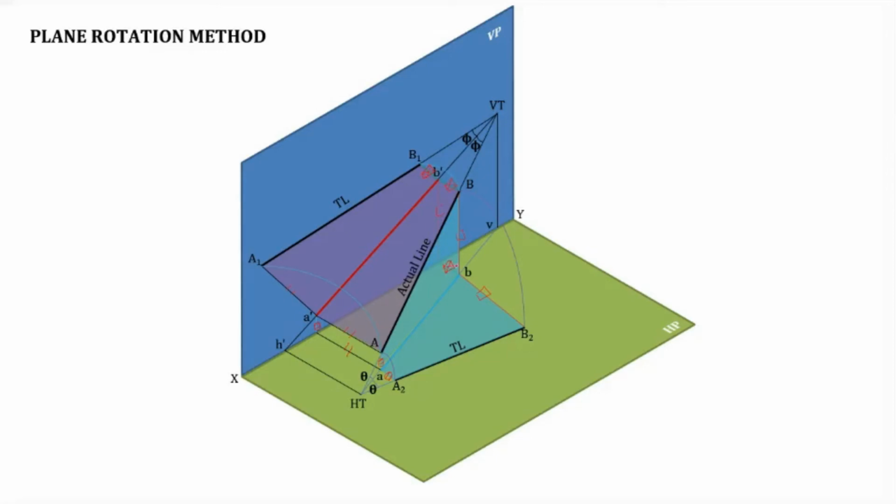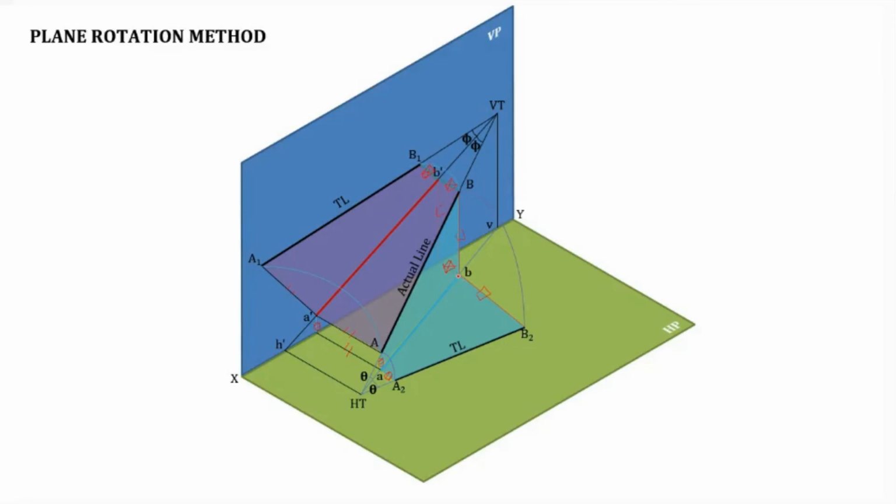So the condition is that this B2 distance should be equal to the distance of B dash from the XY line. Likewise, the B dash B1 distance is the distance of point B from the XY line in the top view.